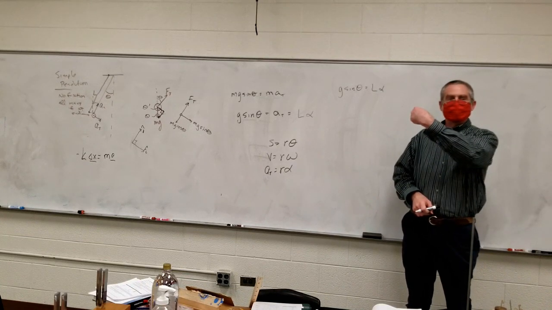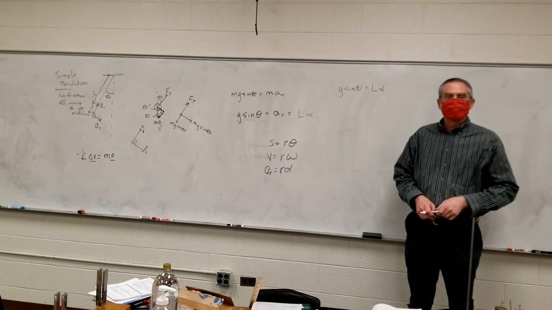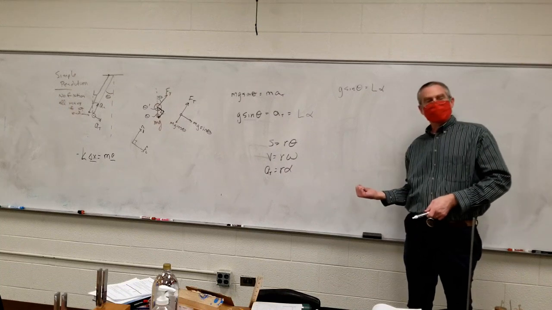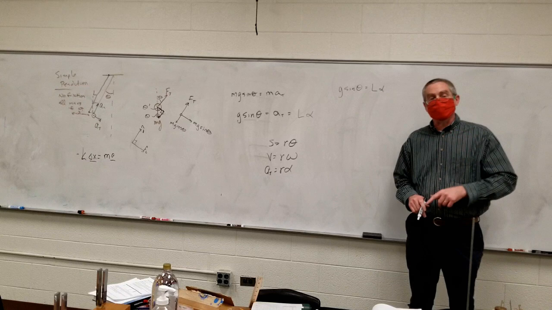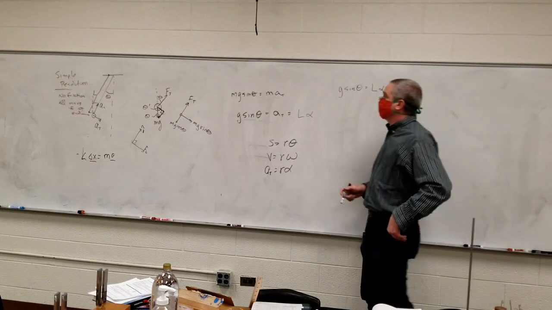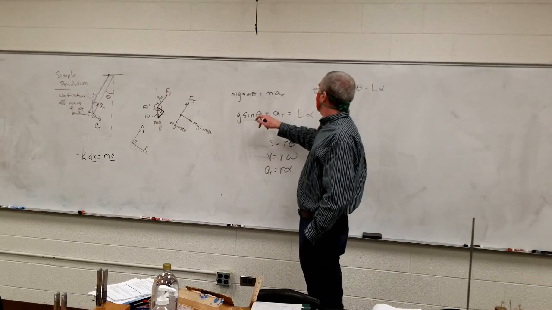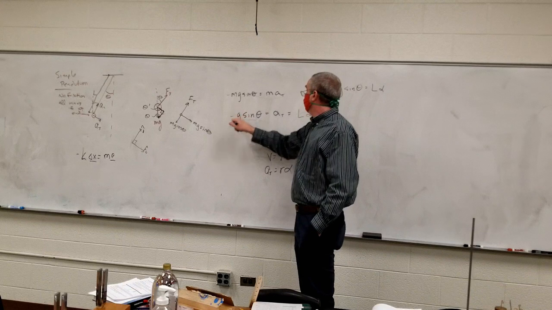If we rotate it that way, it's coming up this way. So the angular acceleration is going to be the other direction. Okay, so there's an extra minus sign that I should have put in somewhere, one side or the other.